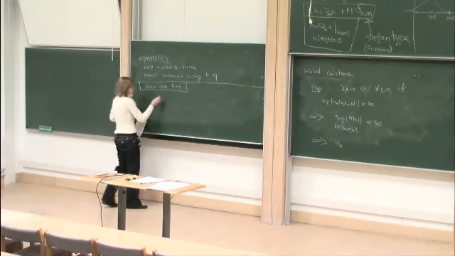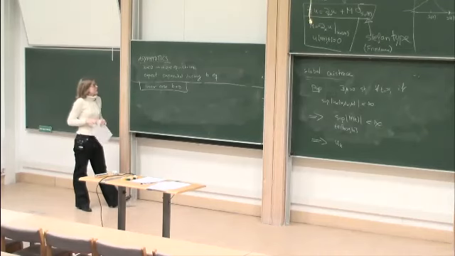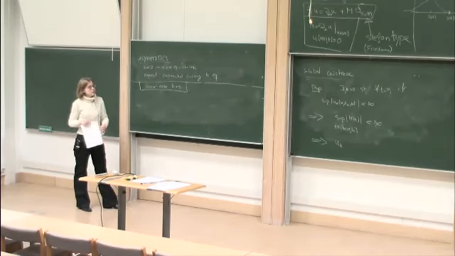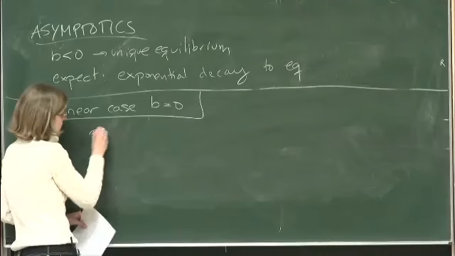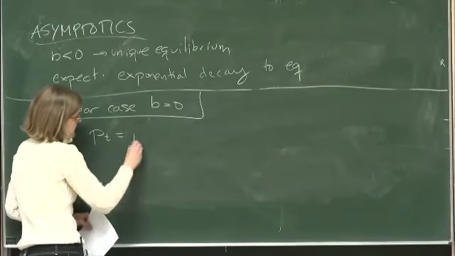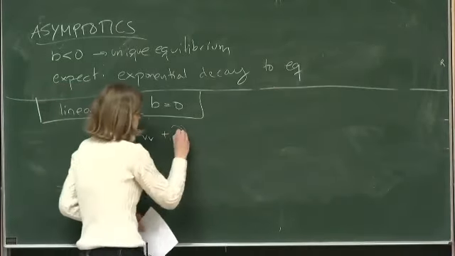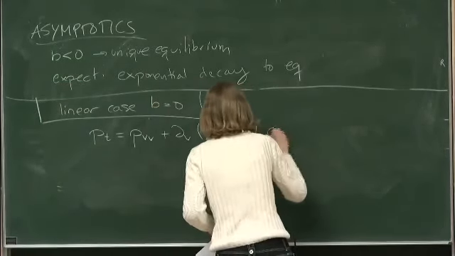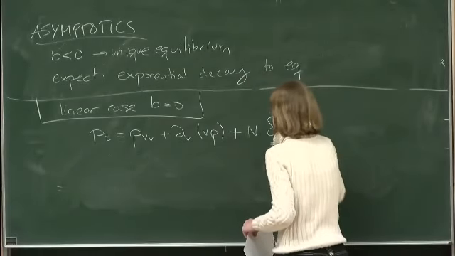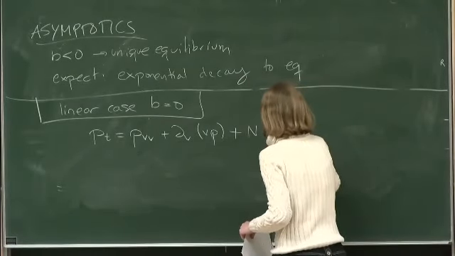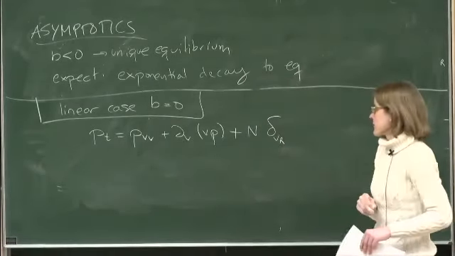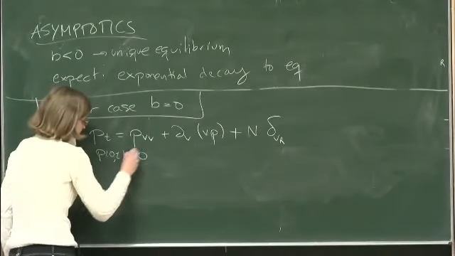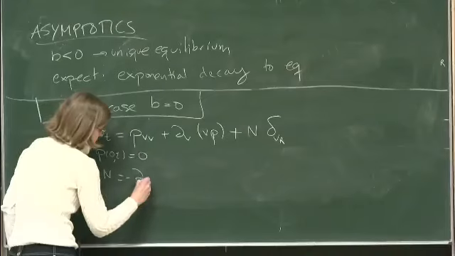Let me write the equation. Now, for the asymptotics, it's better if we go back to the original model and not the model with the free boundary. So the original model was: partial_t p equals partial_v of (v p) plus the Fokker-Planck part, partial_vv p, plus N times the delta at the point b_r. Then p at v equals 0 is 0, and N was the flux across 0.